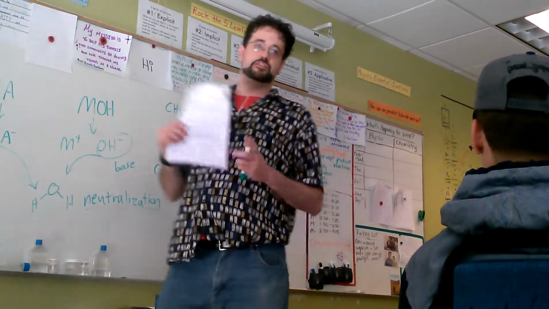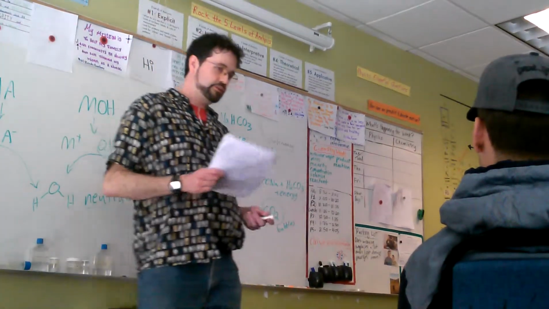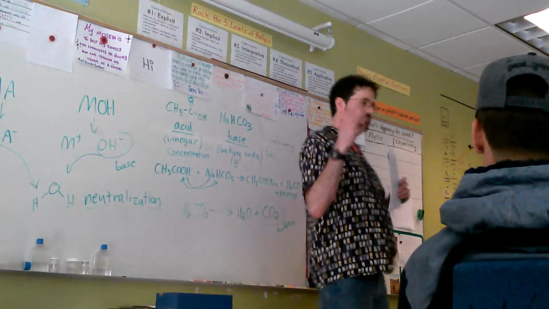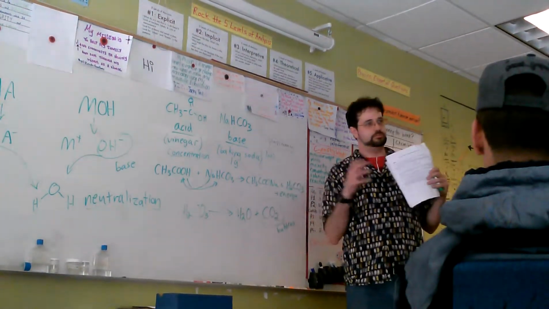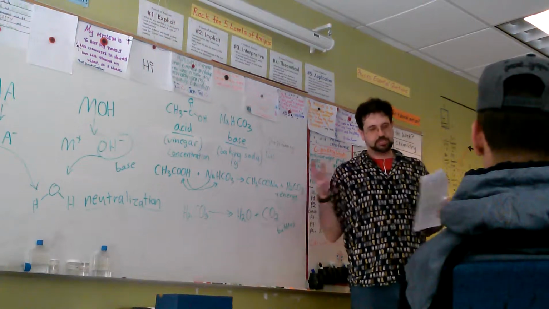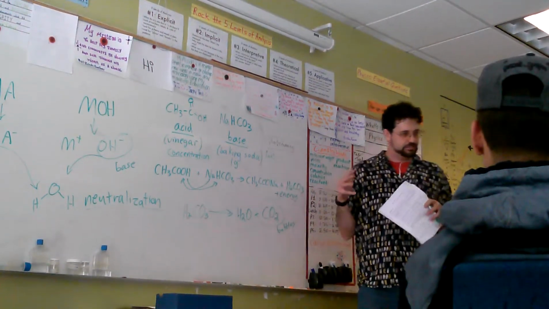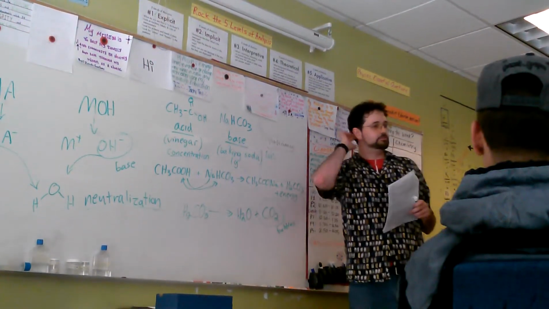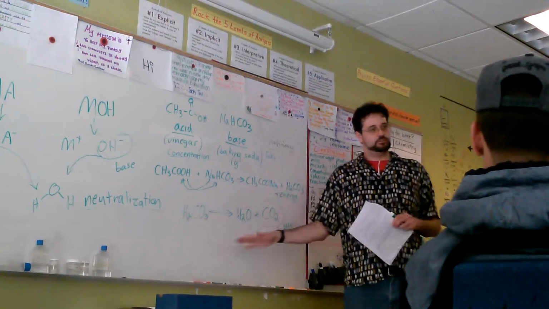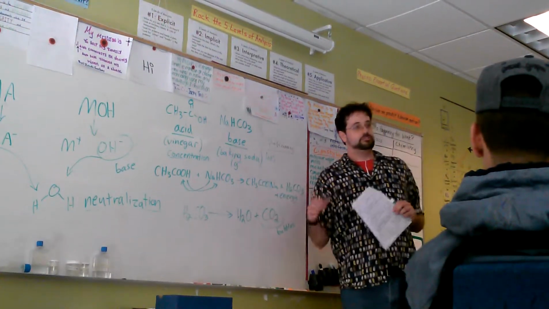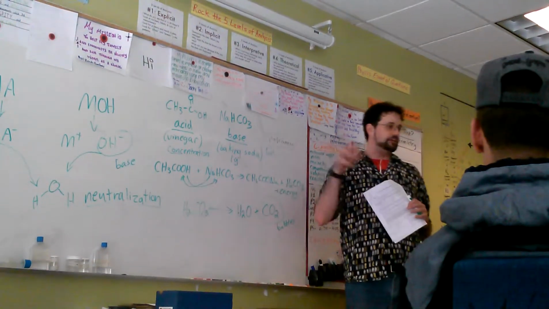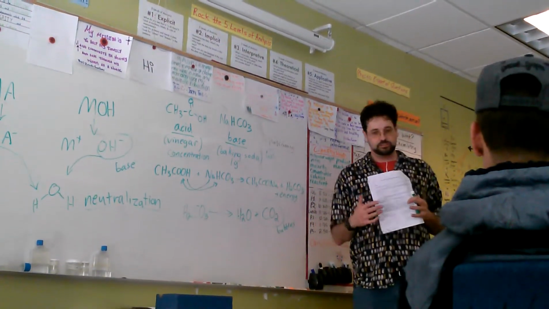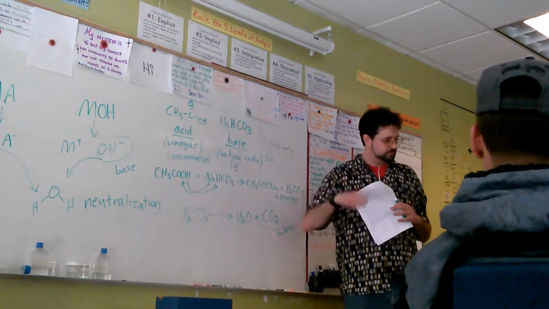A lot of people use baking soda in cooking because it makes bubbles like this. When you make them in a batter, those bubbles can make cakes fluffy. If you wanted something to be fluffy when you cook it, you put baking soda, which is a base, into the batter when you're mixing it.